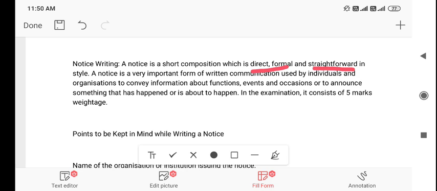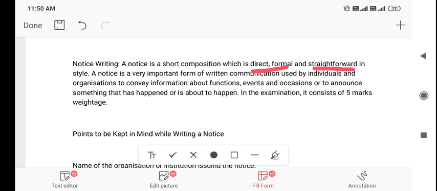In a notice, things are very straightforward. You are not supposed to write very complicated things, but you should write in a very simple and direct style.